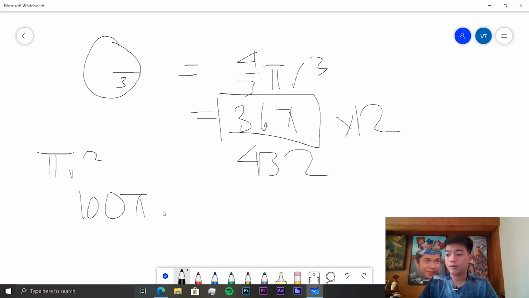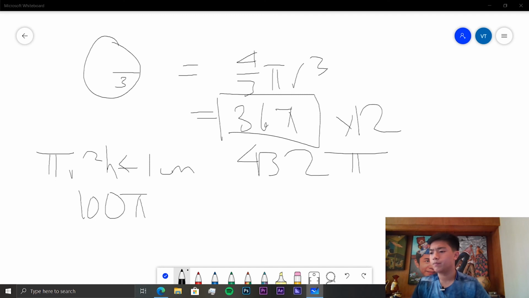Now, the water level is a cylinder of water with radius 10. So for every unit of height, where height is equal to 1 centimeter, it rises 100 pi. And so we should just have 432 pi over 100 pi, which is 4.32. But the book is giving something that's different, so I don't know. I think I'm right on this one, honestly.